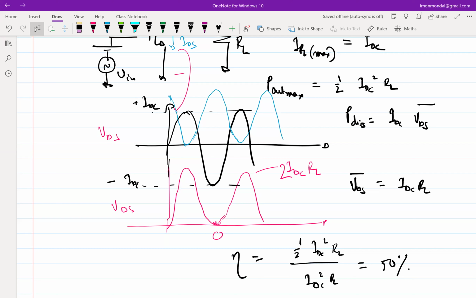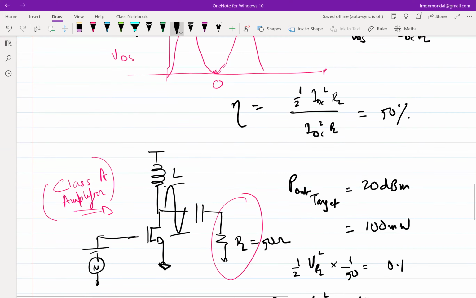Correct? So if I look at the current in the MOSFET, loss is basically VDS times IDS. So basically, in this plot, it's the multiplication of the red and the blue plot. Correct? So what if I find out a topology?